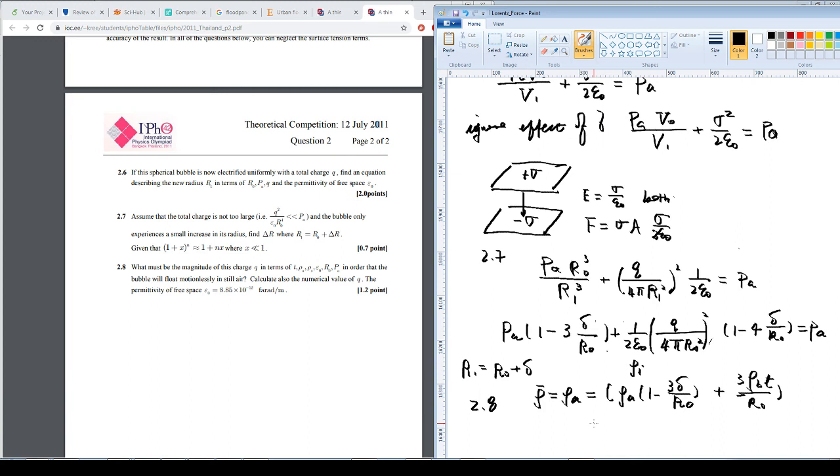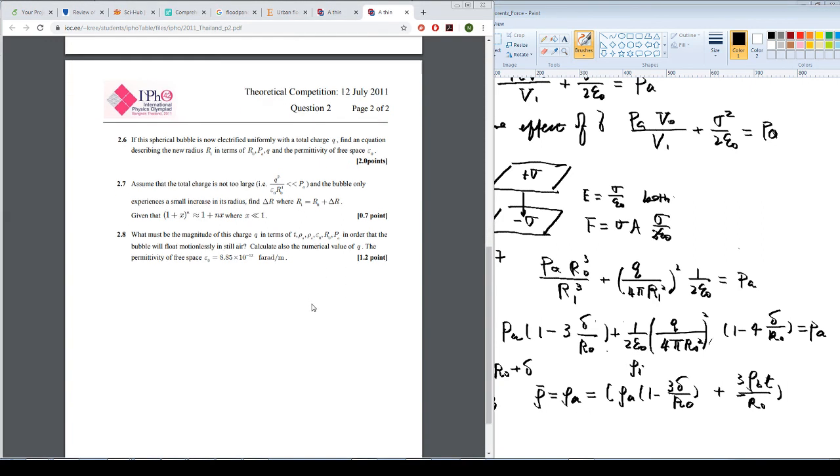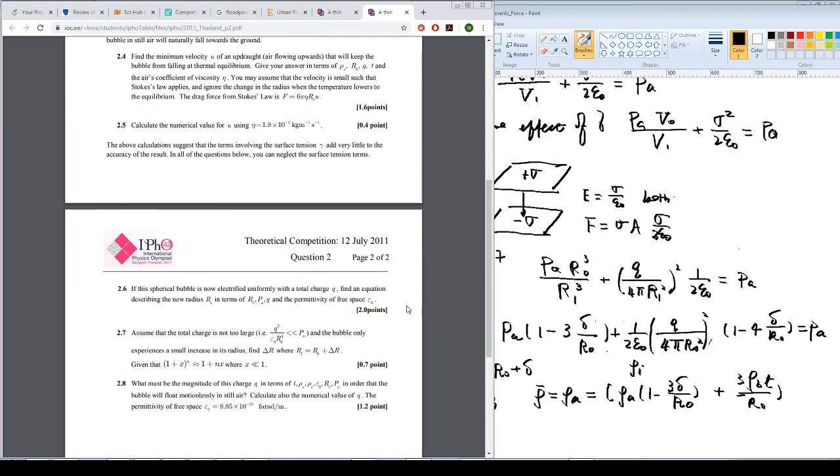And of course that delta is related to the charge. Yep. Okay, yeah. So very interesting question. I think that's it.